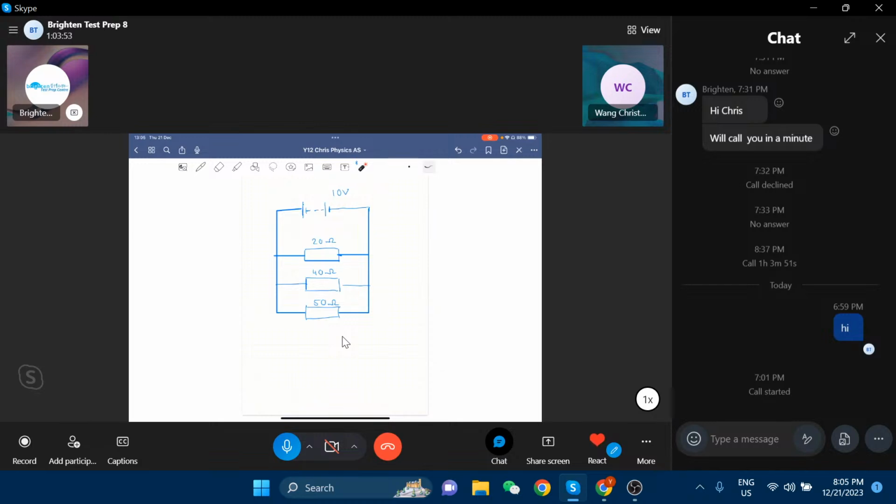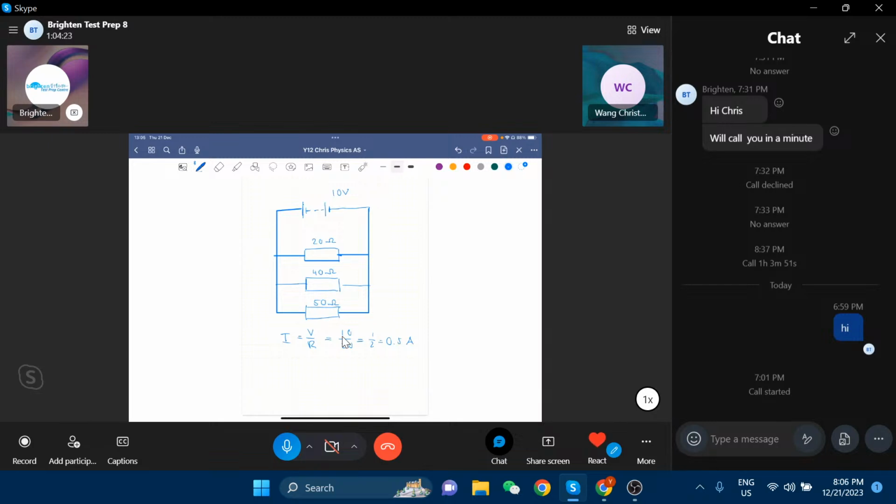I equals V over R. So then it's 10 over 20. The current there is 1 over 2, or 0.5. In that context, you usually would say the 0.5, the decimal.